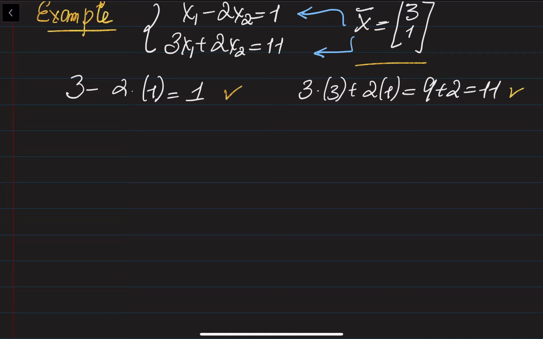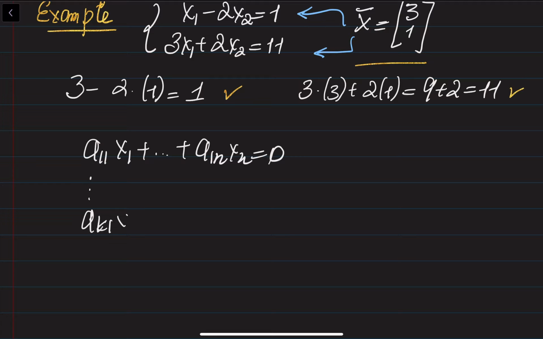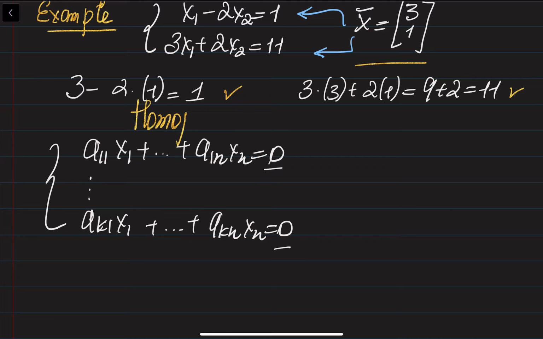So basically, notation-wise, it's going to be a11x1 plus and so on plus a1n xn is equal to 0, and so on, ak1 x1 plus and so on plus akn xn is equal to 0. You see for all of the right-hand sides, we've got 0. So this kind of system of linear equations is called a homogeneous system.